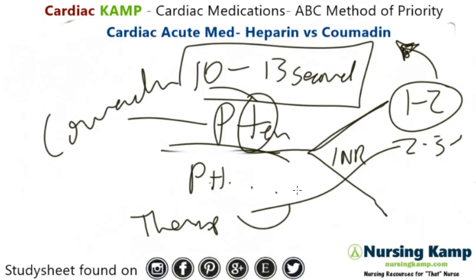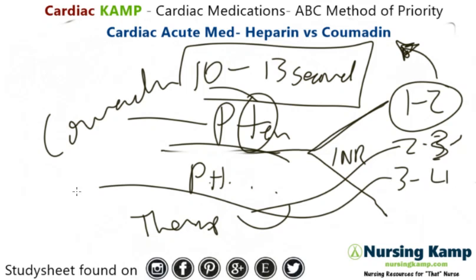All right, 2 to 3 is normal, and then 3 to 4 is for valves. So if you have a prosthetic valve and it's foreign, well, the problem is that you got all these chordae tendineae dealing with it, and what happens is they can get microemboli.